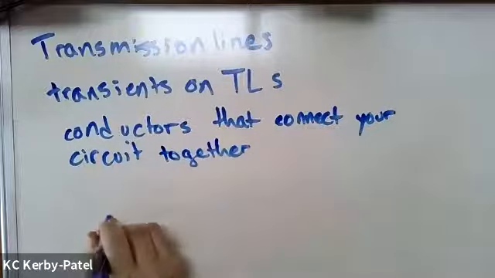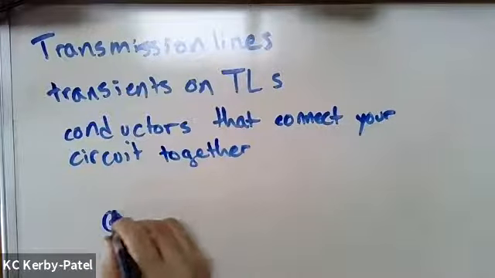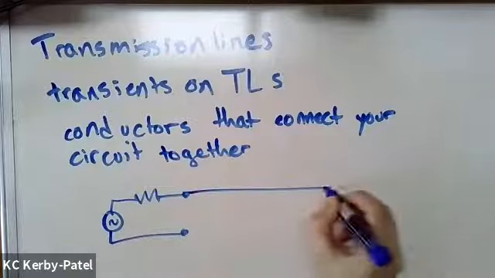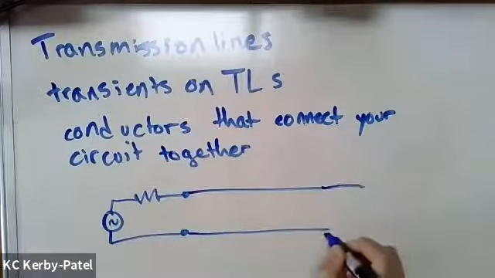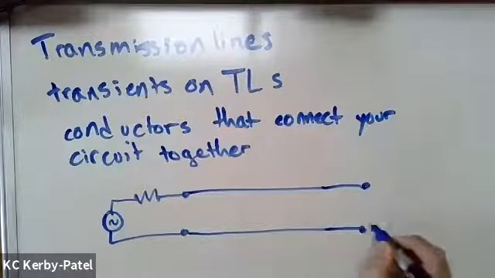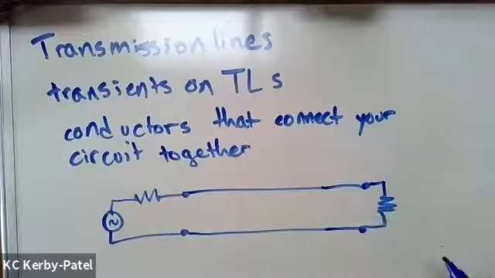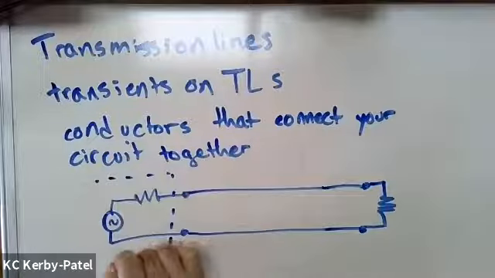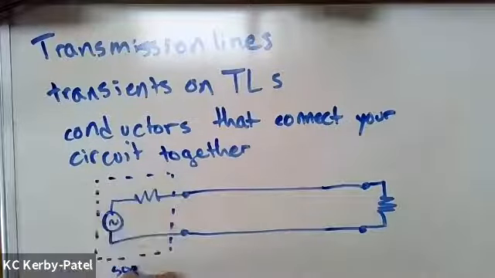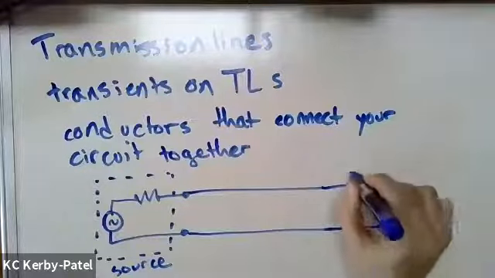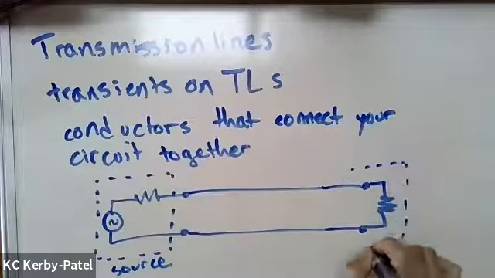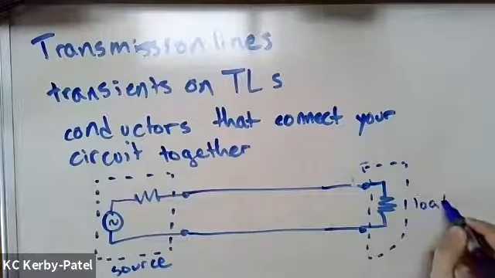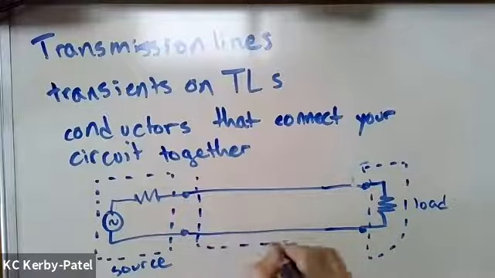So if I had a circuit that maybe looks like this, and some wires, and then maybe a load over here. You know, this is my source. This is my load. And this is a transmission line.